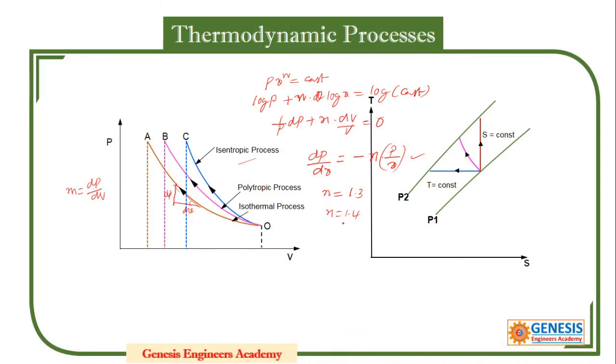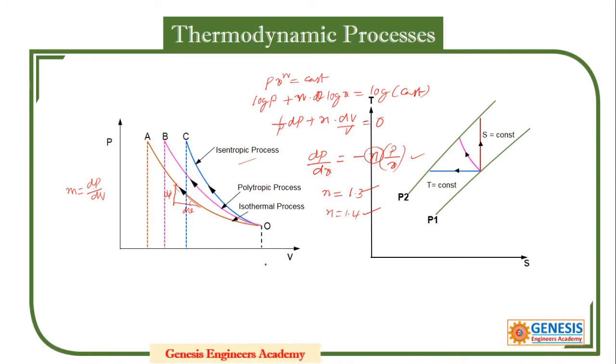When you are drawing or differentiating from one process to another process, you have to keep in mind that the slope of the isentropic curve or process is more. In the isothermal process, PV is equal to constant, then n is equal to 1. So this is having less slope than polytropic.